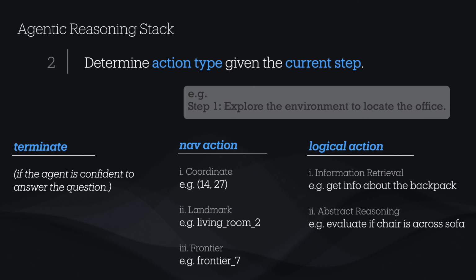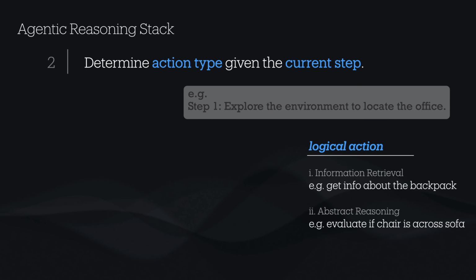So one action type might be to pick a coordinate as we traverse this environment. The second one might be, as we'll see, we're going to be mapping out landmarks important to us, so it might be to pick a landmark to navigate to. And the third action type is what we call frontiers, which we'll define in a bit, which are essentially points in space where we know we can explore but have not yet. But a more important action type is these logical actions, which I want to dive deeper into.